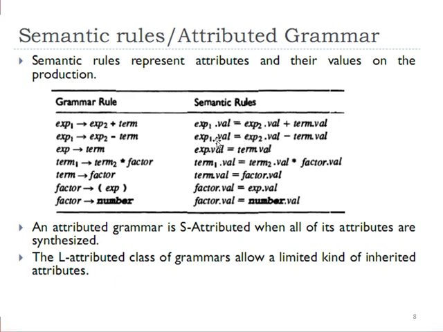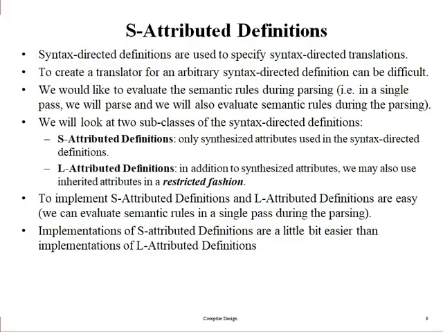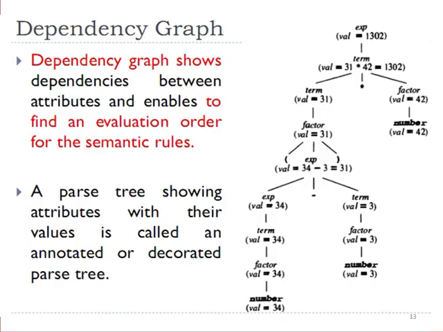So here the value of the expression on the left side is calculated by reducing the expression on the right hand side by the term val attribute value. So that's why we can just reduce 34 by 3 and it becomes 31.